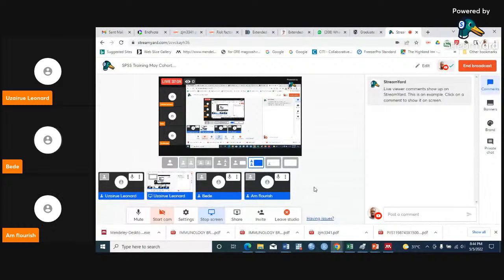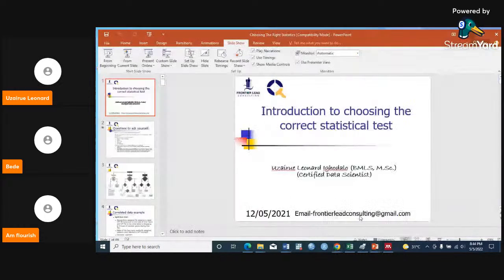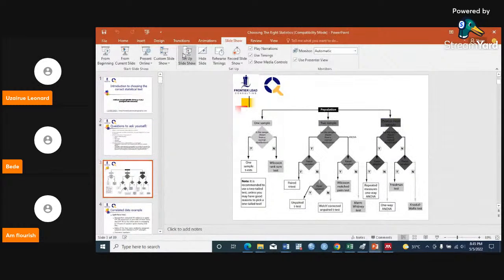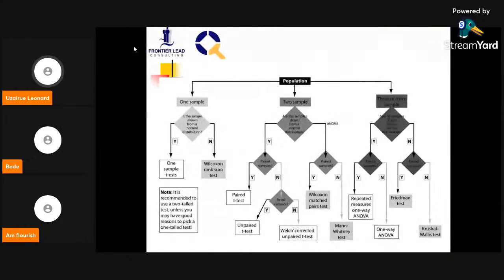So let's switch to where we left off yesterday. Now we've understood what normal distribution is.